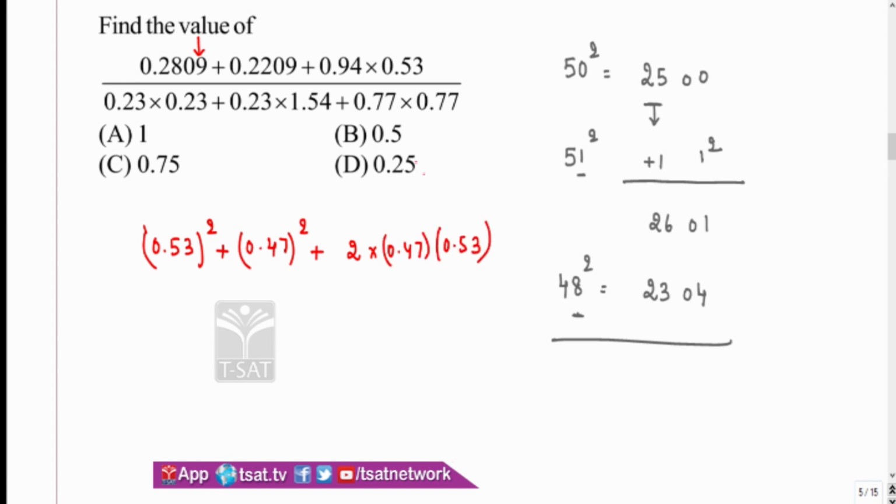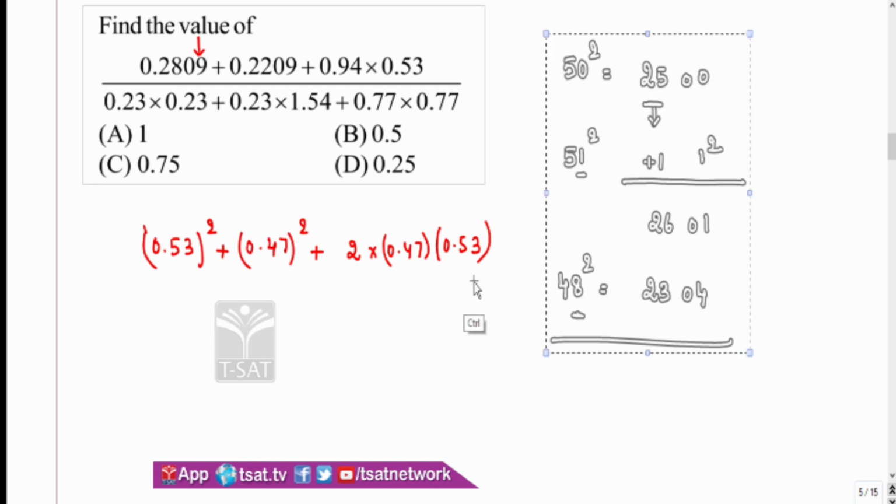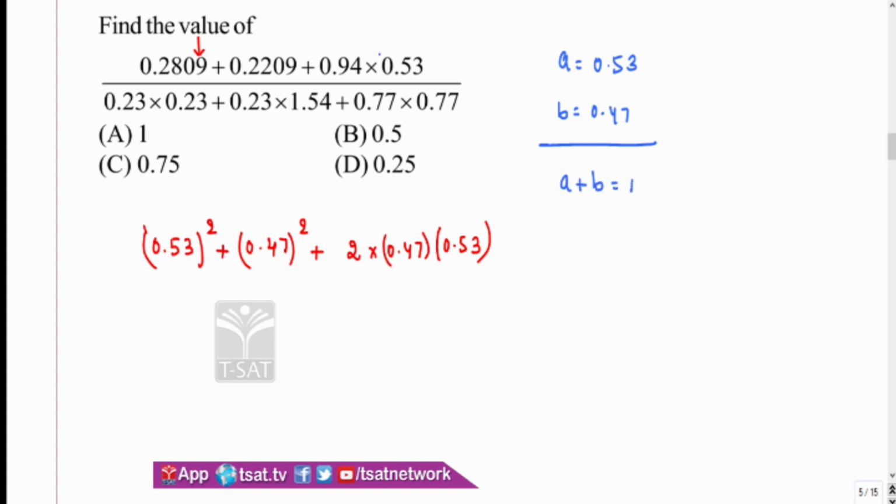Now, completely your numerator is in the form of (a plus b) whole square, because you have a square plus b square plus 2 into a into b. Now, what is a and what is b here? In the numerator, a is 0.53 and b is 0.47. Therefore, a plus b becomes simply 1. Now, a plus b is 1 means the entire numerator becomes 1.